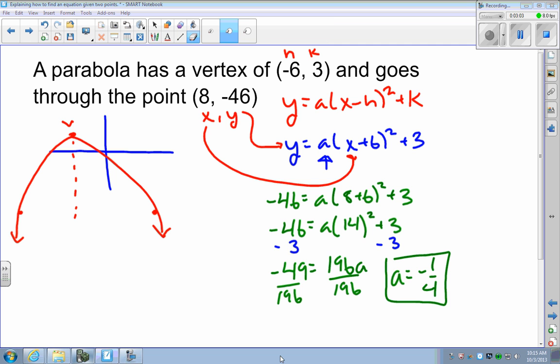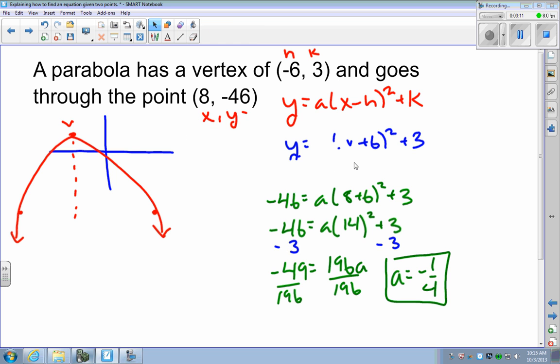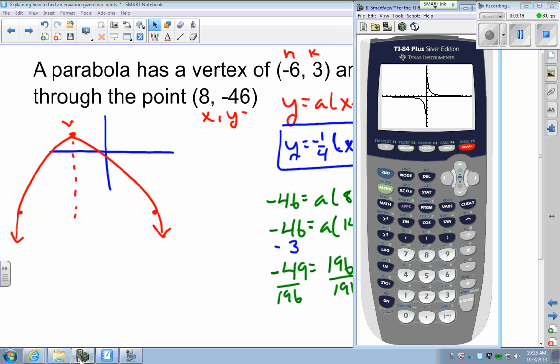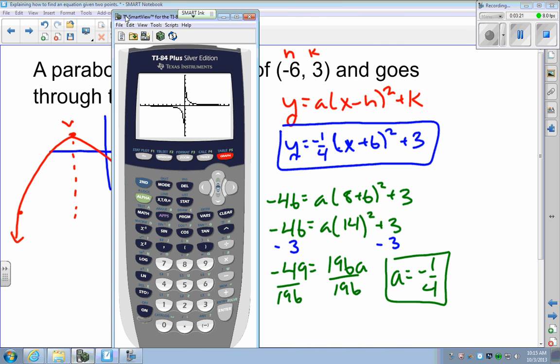So the only thing you need to do now is come back to your original and just say, I found the A value is negative 1/4. If you want to check that you did this correctly, go to your calculator.